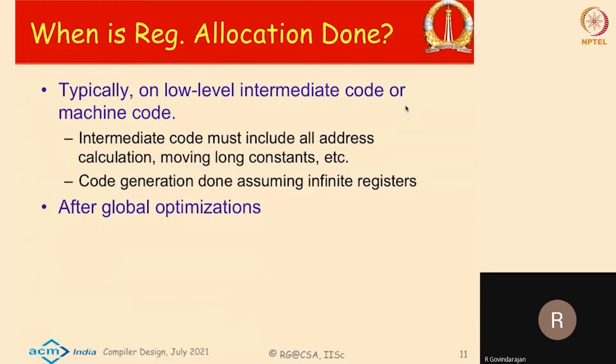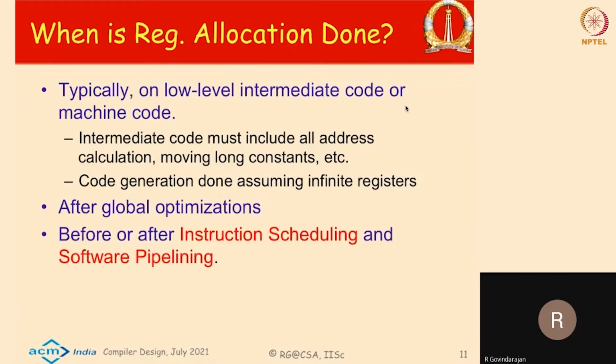So you will try to do one more level of local register allocation, and then after that, you will possibly do one more level of machine dependent optimization and so on, because many of these passes are done many times iteratively. But roughly, register allocation is done after code generation, after the machine dependent optimizations. It could be done either before instruction scheduling or after instruction scheduling.